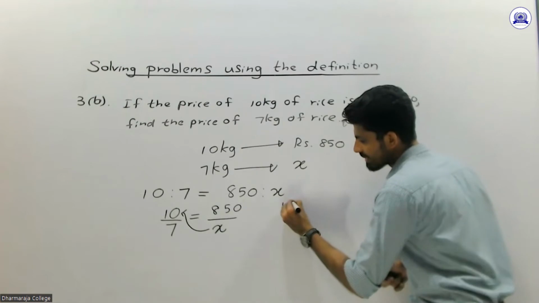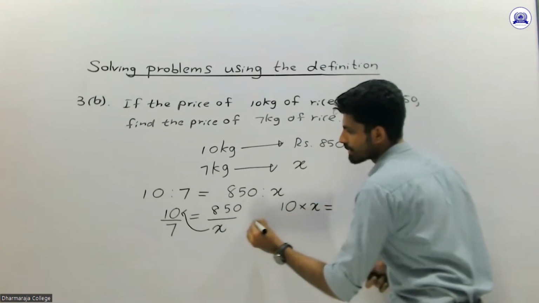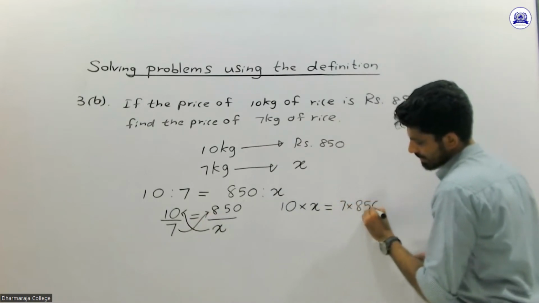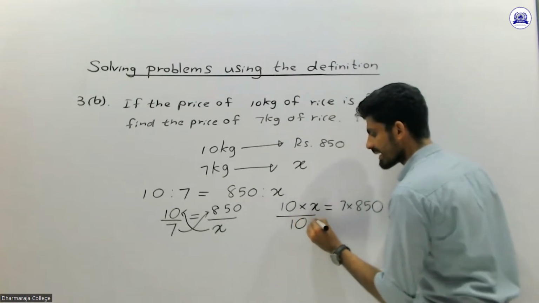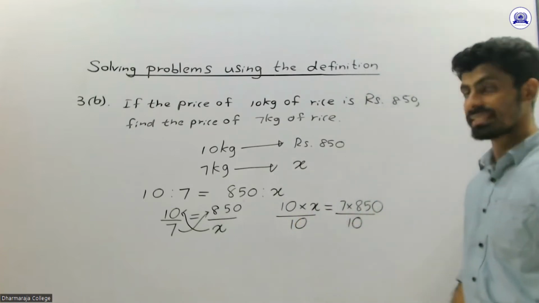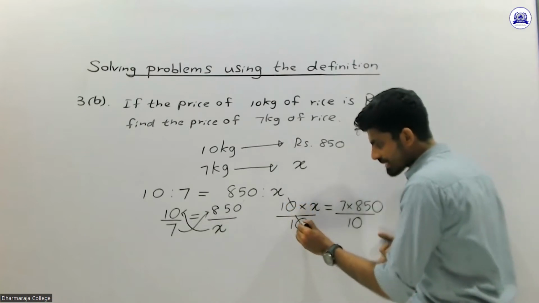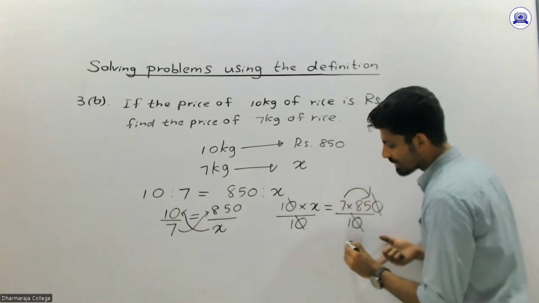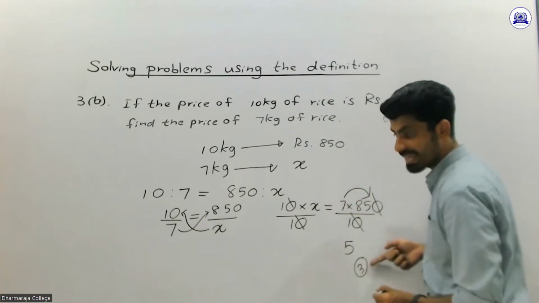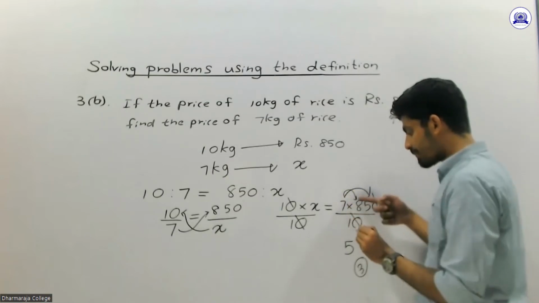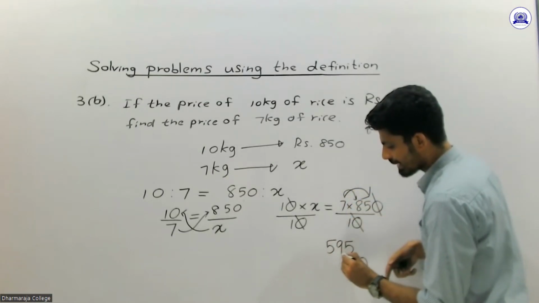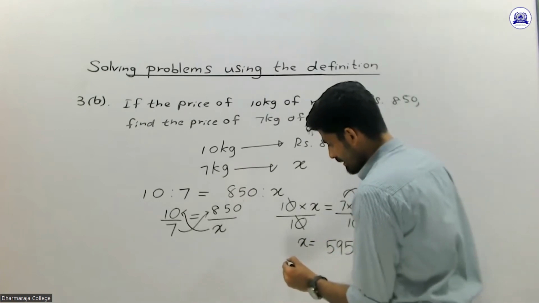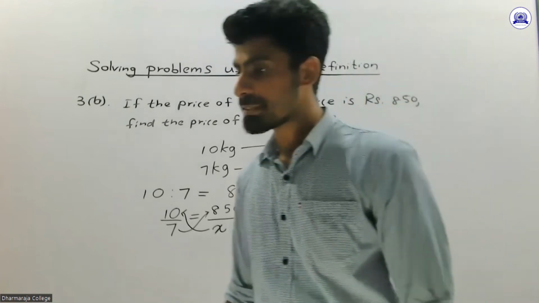10 into x equals 7 into 850. Just divide both sides by 10. 0 to 0 will be cancelled out. 7 into 5, 35. Remaining 3. 7 into 8, 56 plus 3, 59. X equals 59, that means 595 rupees.